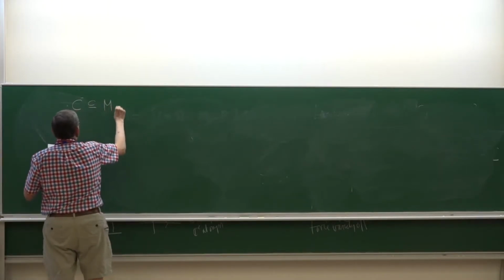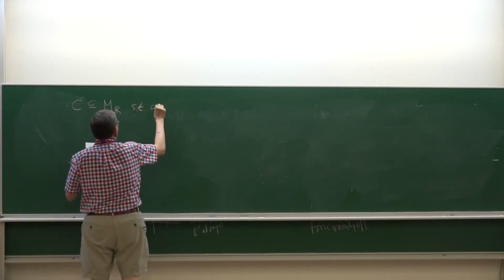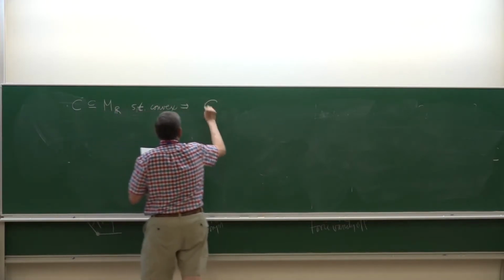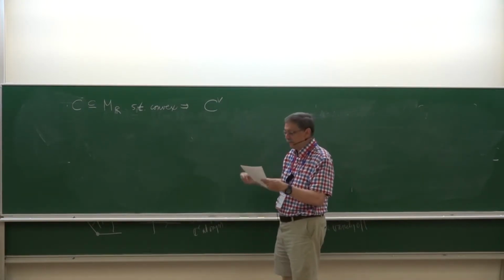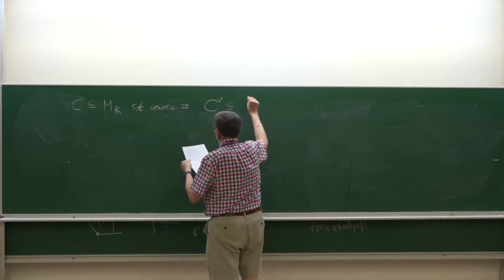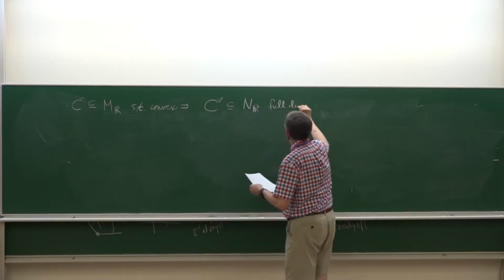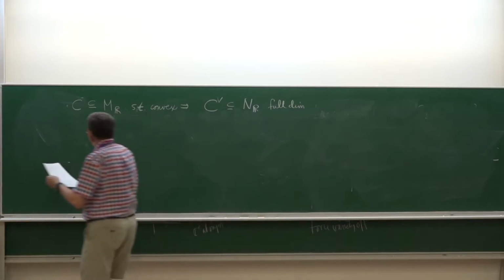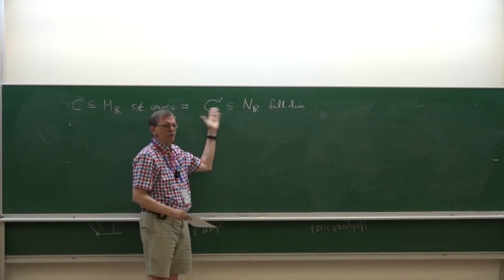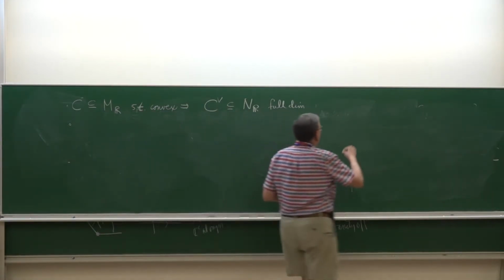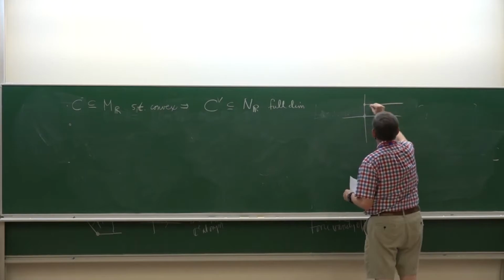So remember that we've got our recession cone, which is strongly convex. So basically, my first guess is that should be what sigma is. But this guy is full dimensional. But it may fail to be strongly convex. We want our cones in N_R to be strongly convex. For example, I could imagine here's an interesting polyhedron.